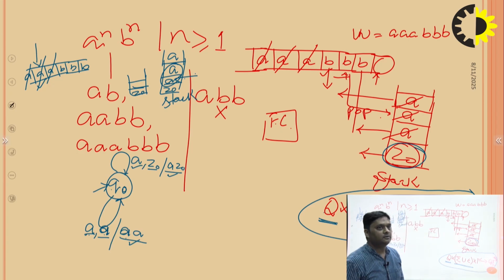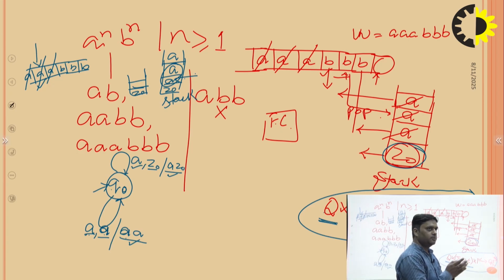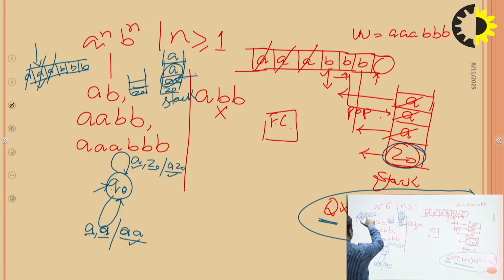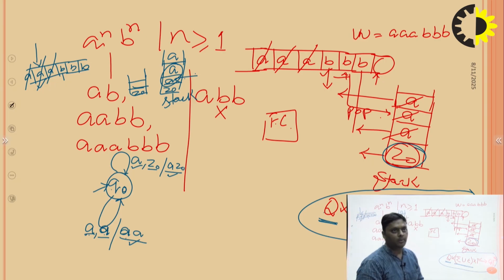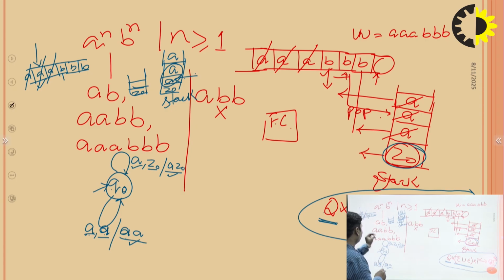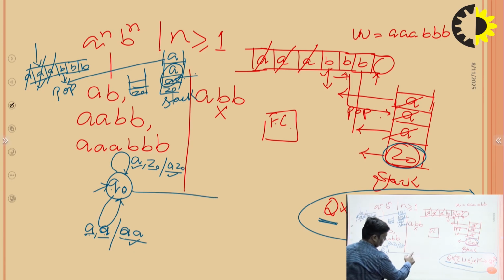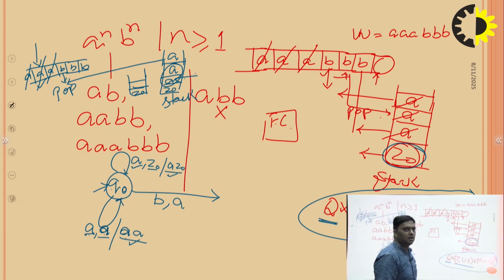Now we get the first B, then we perform a pop operation with respect to a single A and a single B. When the input symbol is B and the top of the stack is A, then the pop operation is performed and represented by epsilon.